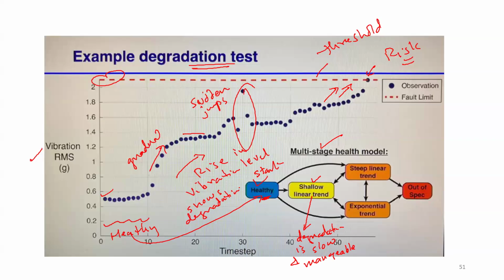If it is left unchecked, it may evolve into either the steep linear trend or the exponential trend, both of which lead towards failure. So eventually the machine enters the out of spec condition.